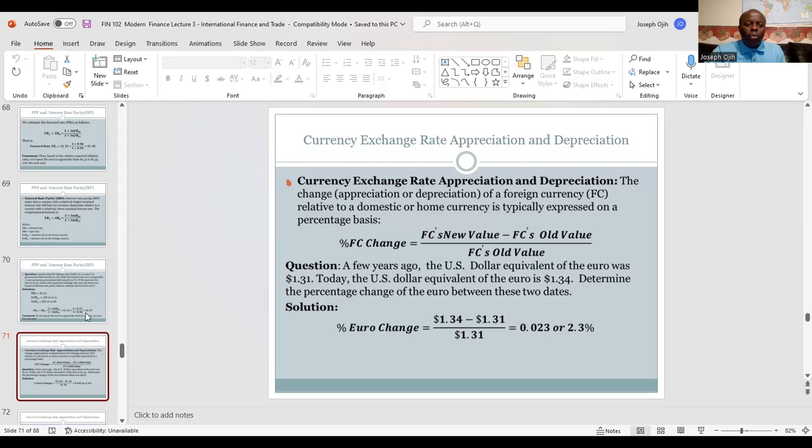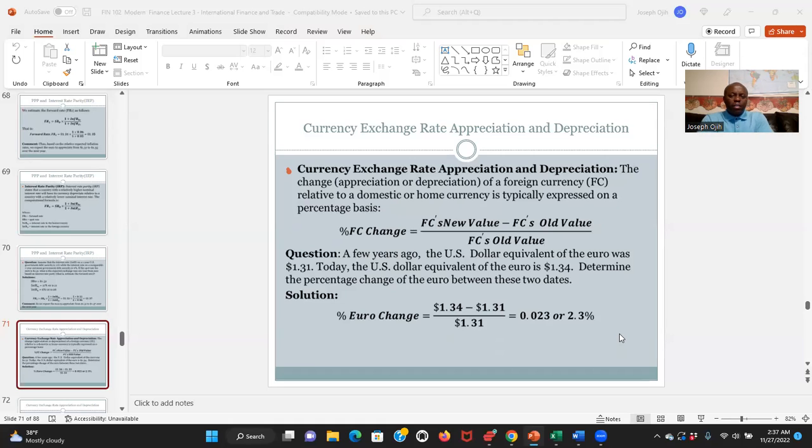Before we look at that, let's look at one more thing. We're looking at currency exchange rate appreciation and depreciation. So we can calculate the rate at which a currency appreciates or depreciates.